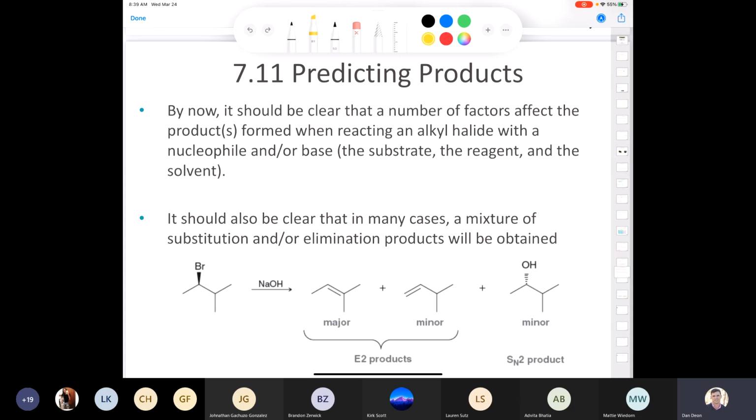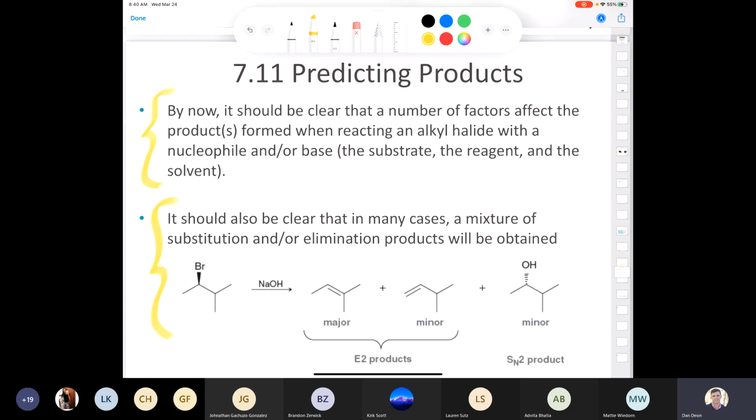I try to summarize things the best I can in my slides. It says, by this point, you understand what's going to affect the reaction? The substrate, your alkyl halide, your nucleophile, your base, and your solvent, right? All of these things are things that you're going to have to evaluate. You should have also realized that in a lot of cases, you just end up with a mixture.